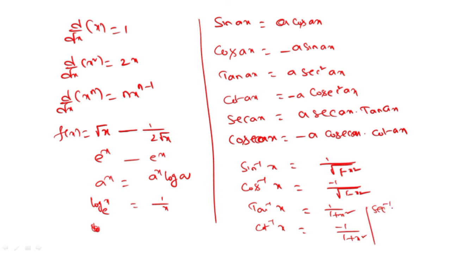Secant inverse x is 1 by x into root of x square minus 1. Cosecant inverse x is minus 1 by x into root of x square minus 1. So likewise we find the derivatives, and we'll get these values.